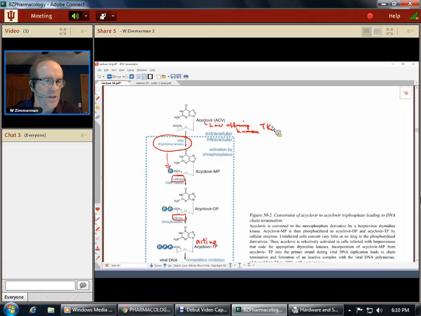Consequently, there's about a 40 to 100-fold greater concentration of the active acyclovir in infected cells versus non-infected cells. 40 to 100 times greater acyclovir triphosphate concentration in infected cells.